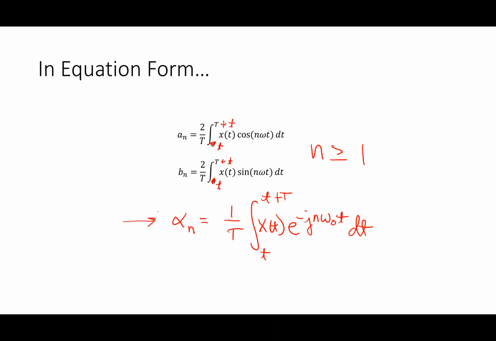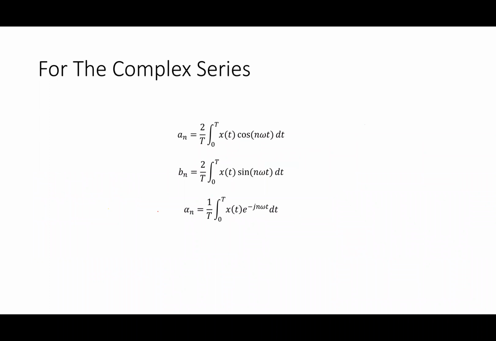Once I have that version of the series, I can relate the alpha values to the C values, the theta values, the A values, the B values, and I can plot it however I want.